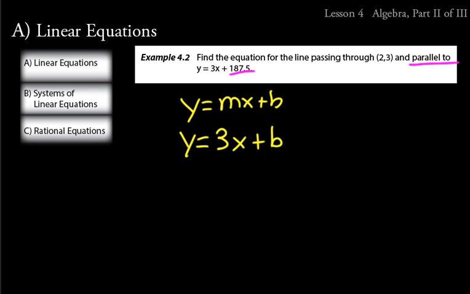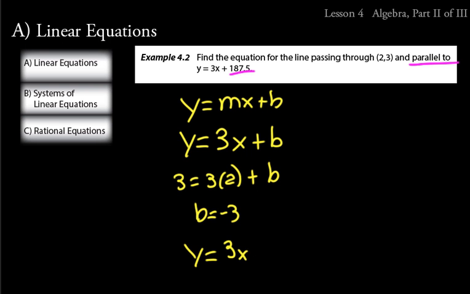You don't need it. 3 is equal to 3 times x, which is 2, plus b. 3 equals 6 plus b, so b is -3. Y equals 3x minus 3. That's the equation of this line that passes through (2, 3) and is parallel to y equals 3x plus 187.5. It has the same slope.